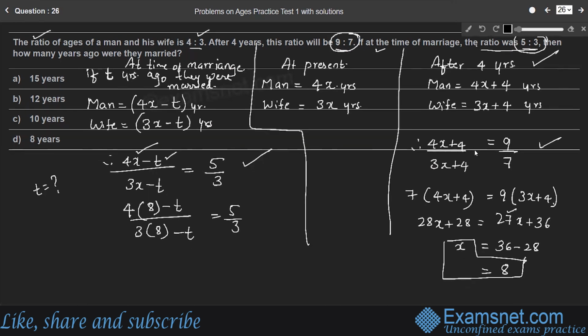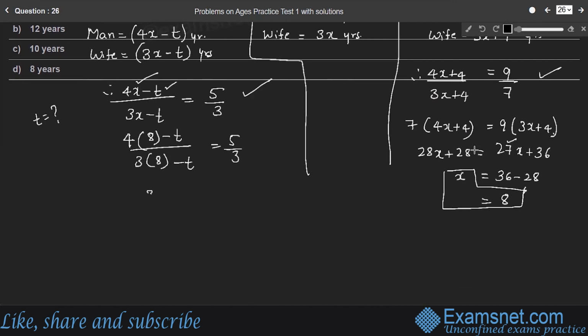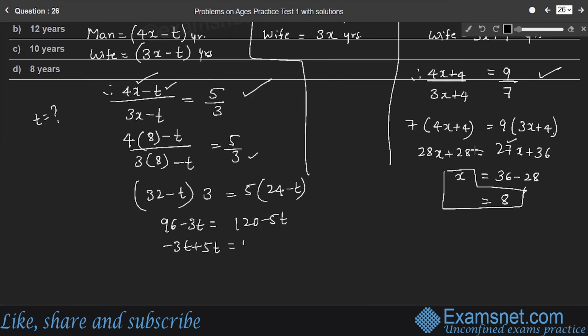Simplify it. 32 minus t, take this 3 to the LHS part, it becomes into 3 is equal to 5 into (24 minus t). 32 into 3 is 96 minus 3t is equal to 120 minus 5t. So minus 3t plus 5t is equal to 120 minus 96.